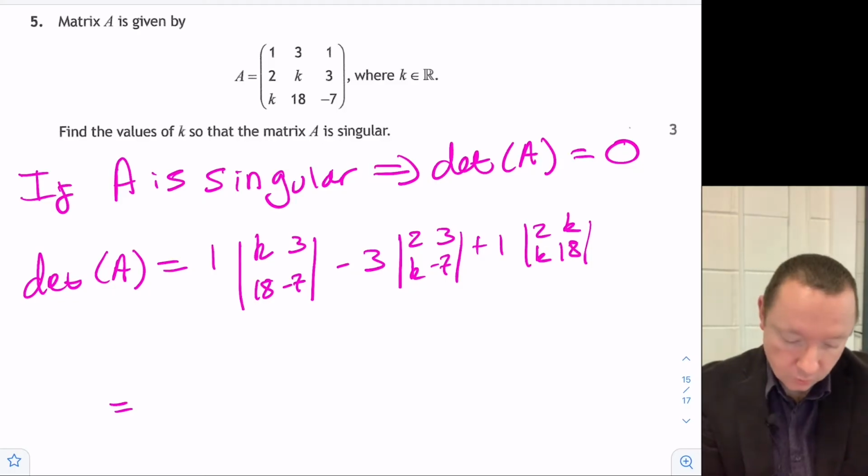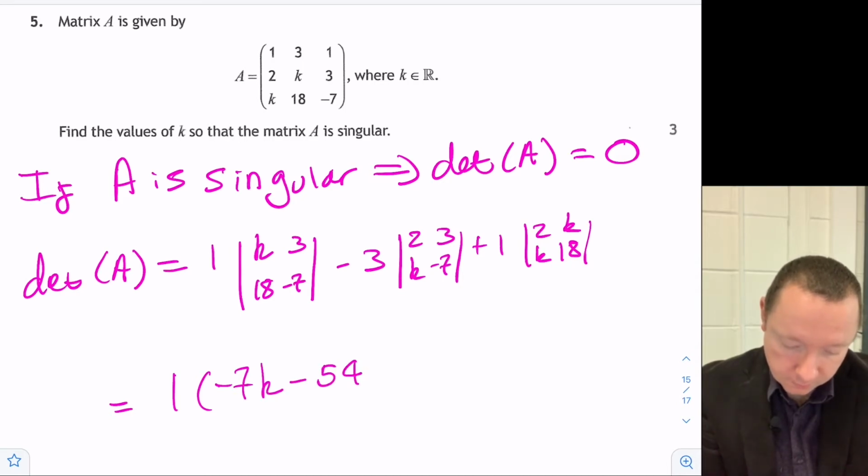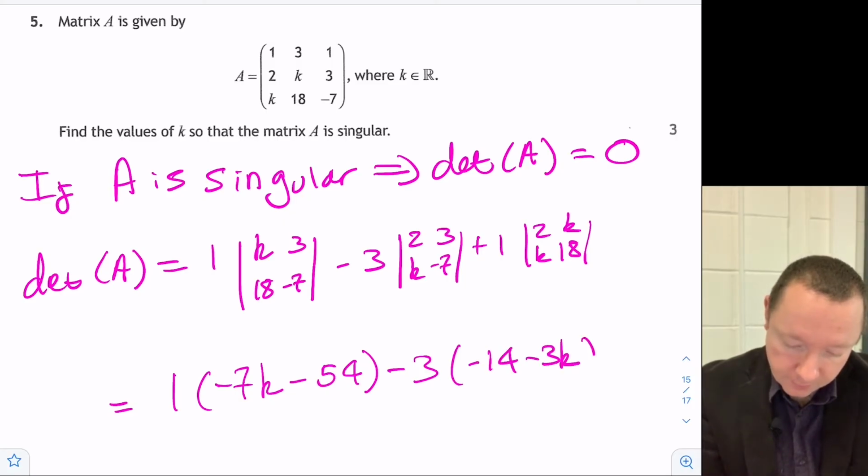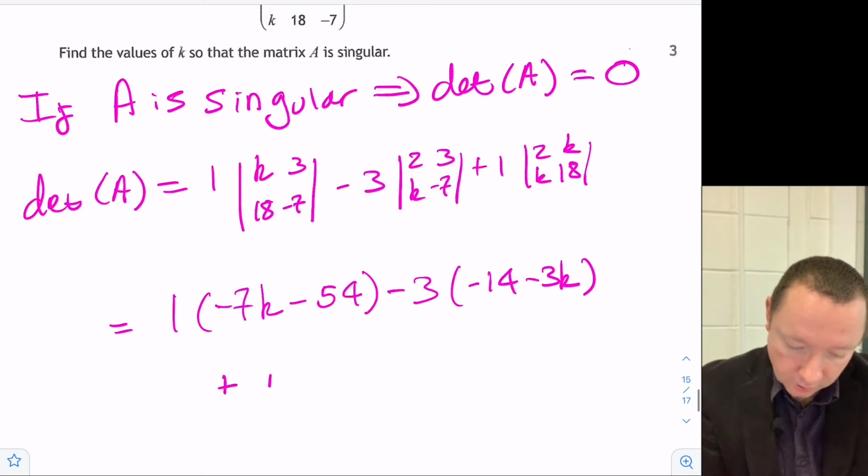So that just equals 1 times (-7k - 54), take away 3 times (-14 - 3k), plus 1 times (2 times 18, plus k, take away k squared).